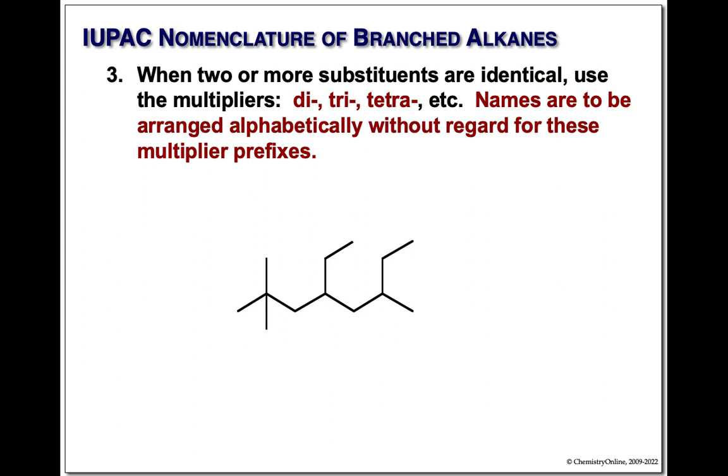Look at this guy. Find the longest chain and decide which carbon is going to be number 1. Doesn't matter where you start here, these are all equivalent. So it's going to be 1, 2, 3, 4, 5, 6, 7, 8, isn't it?